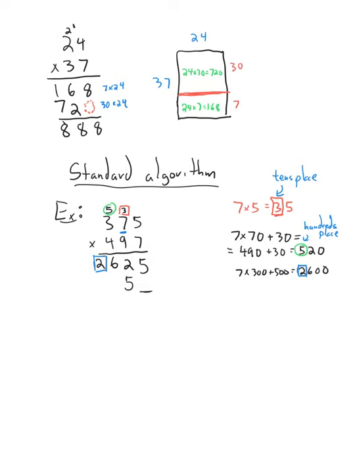So I put down my 5 and I carry my 4. What's the place value of this 4? Well, some people would say, it's above the tens, so it must stand for 4 tens. But it doesn't. You have to be careful here. So this is 90 times 5 is 450.